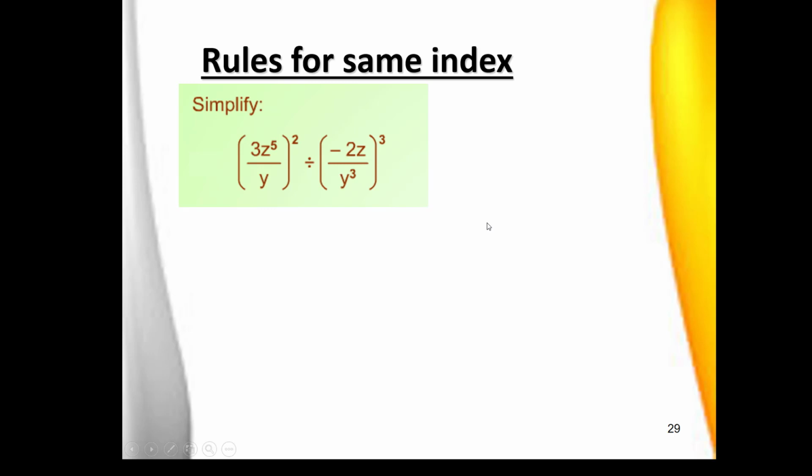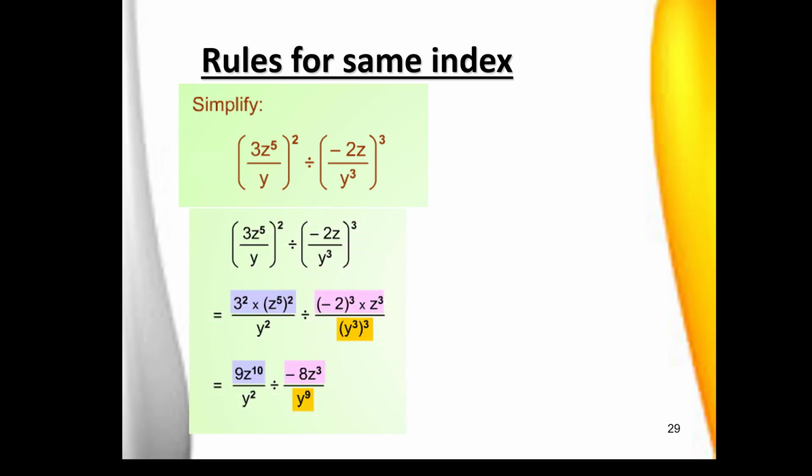Okay, simplify the next one. For example, something like this. Remember just now the a over b power something. Each of them you can power. So that means you have 3 squared, z power 5 squared, and then y power squared.